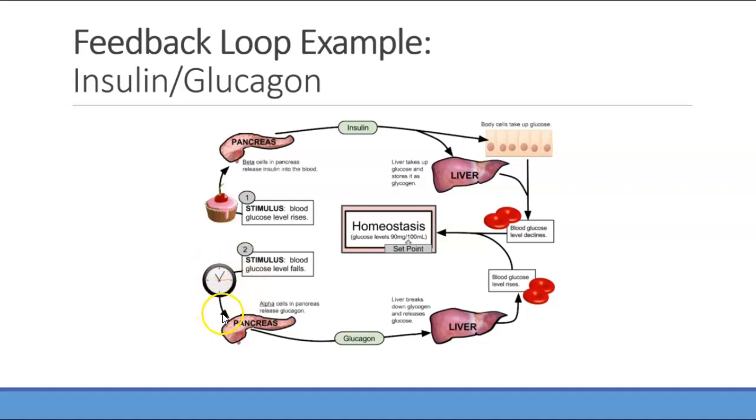So you're hungry, your pancreas, the alpha cells, okay, in the pancreas release glucagon. Glucagon then tells the liver, hey, I know you stored some glucose in here as glycogen earlier. We need it now. So the liver breaks down the glycogen, turns it into glucose and releases it into the blood. Blood sugar rises. We're back to feeling better.